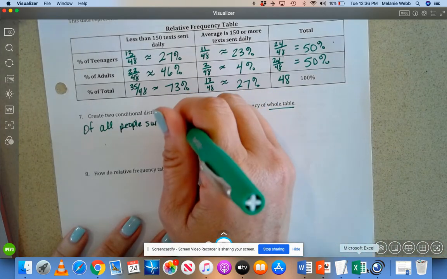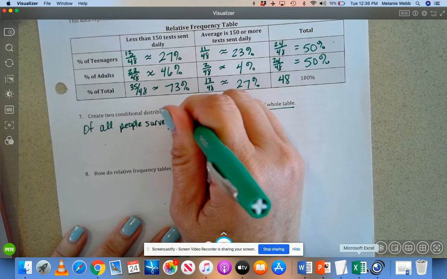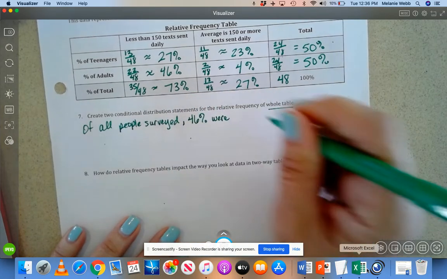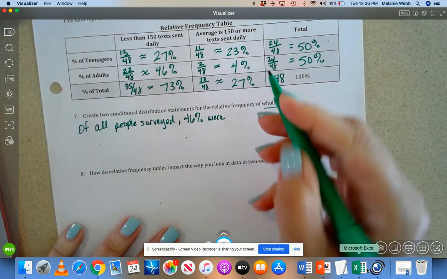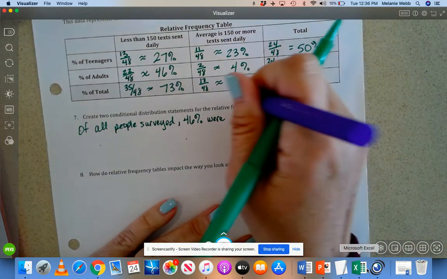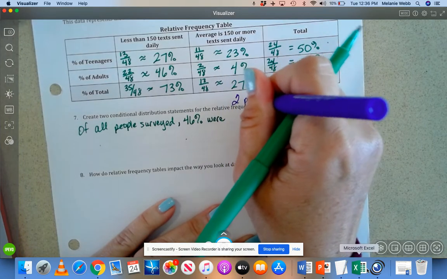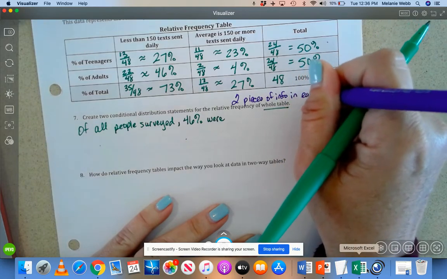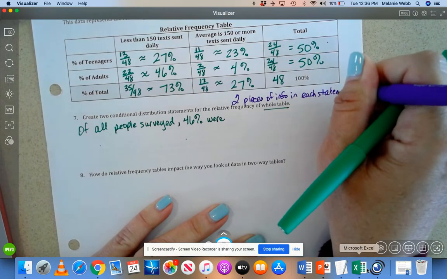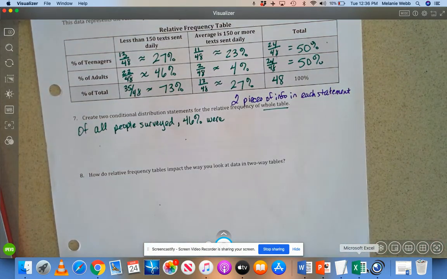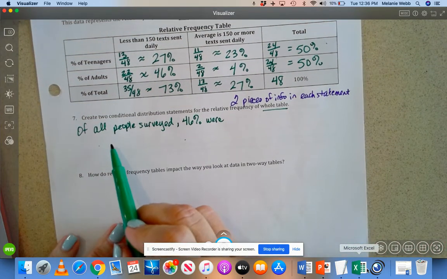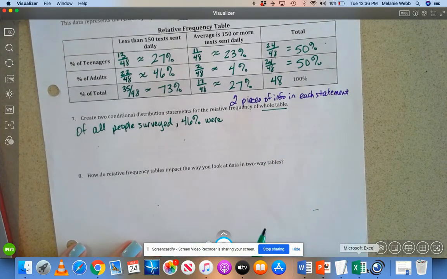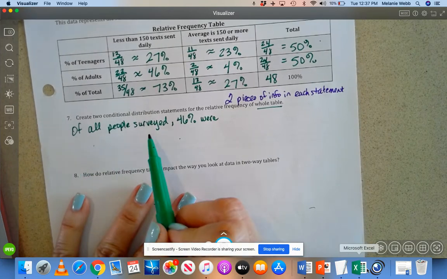Of all people surveyed, 46% were, okay, now here's the part that you got to pay attention to. You need to have two pieces of information in each statement, because now you didn't start with one of your categories, you started with "of all people." So always make sure when you're writing a statement of whole table that you have two pieces of information in each statement.